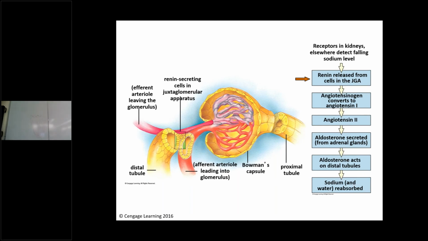So receptors in the kidneys detect low sodium levels. There are certain blood pressure medications that will work on certain aspects of this chain to help a patient so that they're not having such high blood pressure. So there are receptor type medications that will block the chain from taking place and reabsorbing more sodium, which would increase the blood volume, which would increase blood pressure.